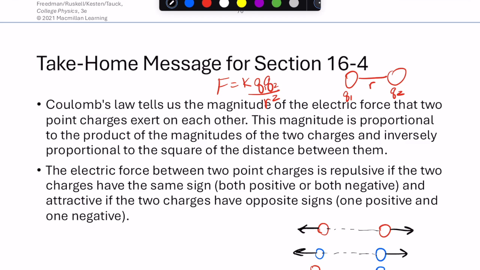Opposite signs attract, right? Opposites attract. It's like an old song from the 1980s, Paula Abdul. Opposites attract, in a straight line path directly toward the other. This gives you the direction of the force, and this gives you the magnitude of the force. So that's section 16.4.